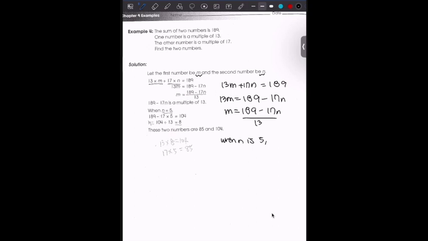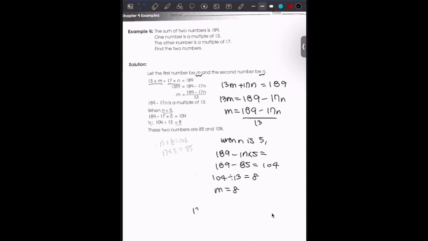And you know that when n is 5, 189 minus 17 times 5 is going to be 189 minus 85. So that gives us 104. And 104 is a multiple of 13, because when divided, that gives us 8. And so that tells us that m is equal to 8.